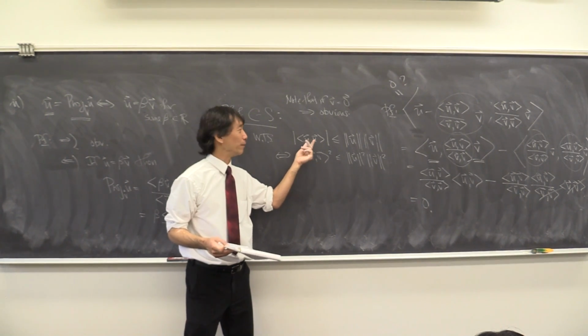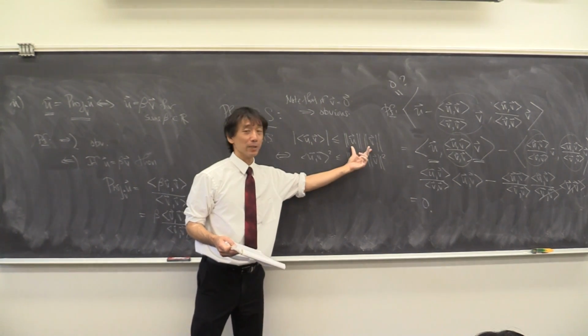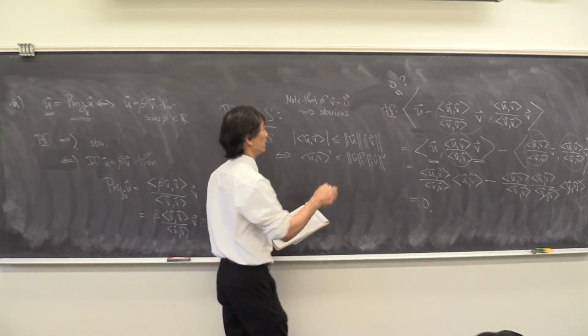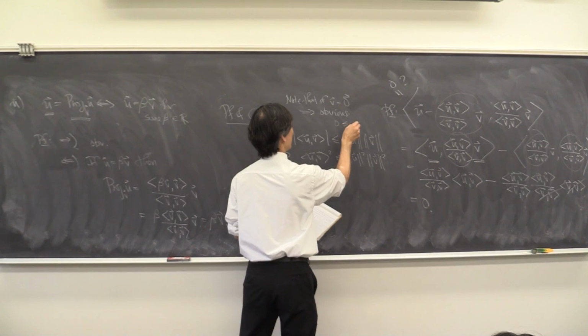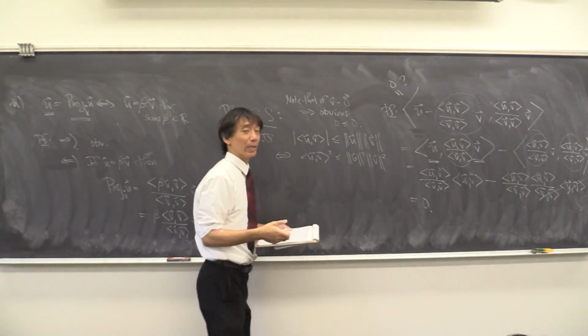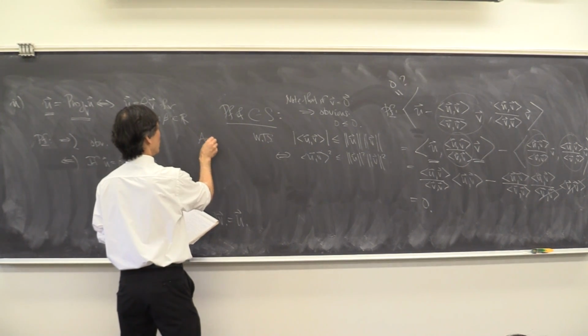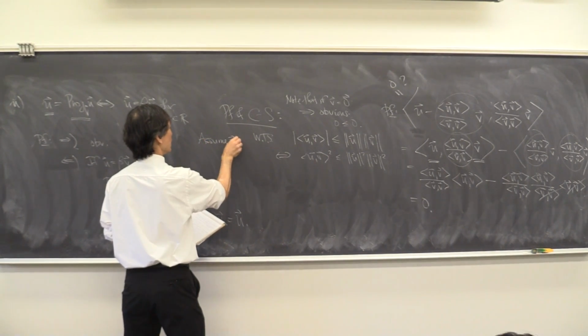You're just going to have inner product of something against 0. That's going to be 0. And then the right-hand side is going to be 0 also. So definitely that's true: 0 on the left-hand side is less than or equal to 0 on the right-hand side. So now we can assume that v is non-zero.